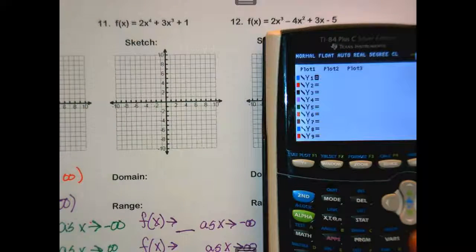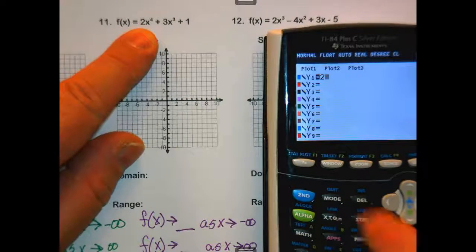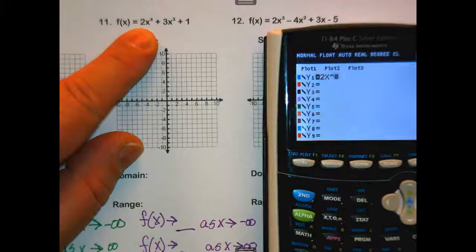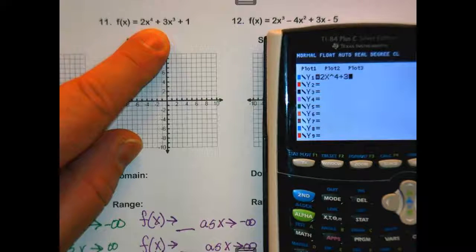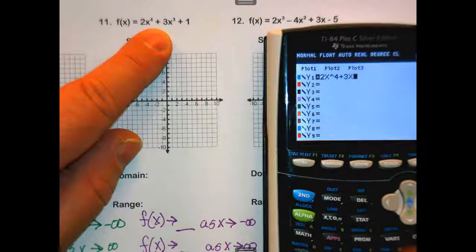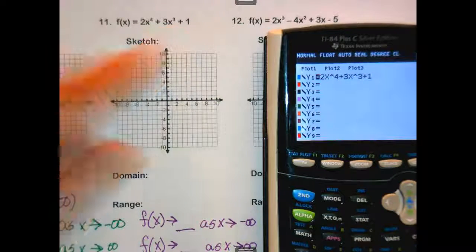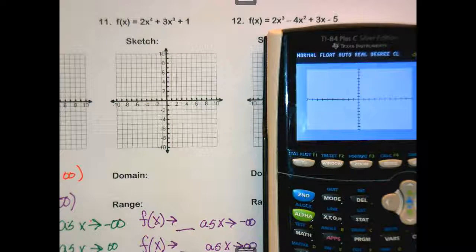All right, so let's put in here 2x to the fourth plus 3x cubed plus 1. Going to graph it, and it's going to be a parabola with a bump. See it? It's got two, these are actually called local mins.